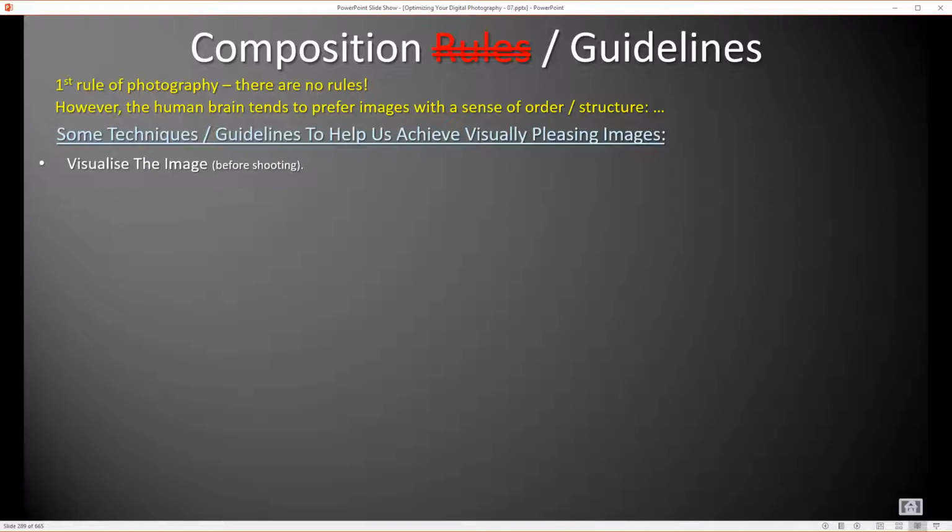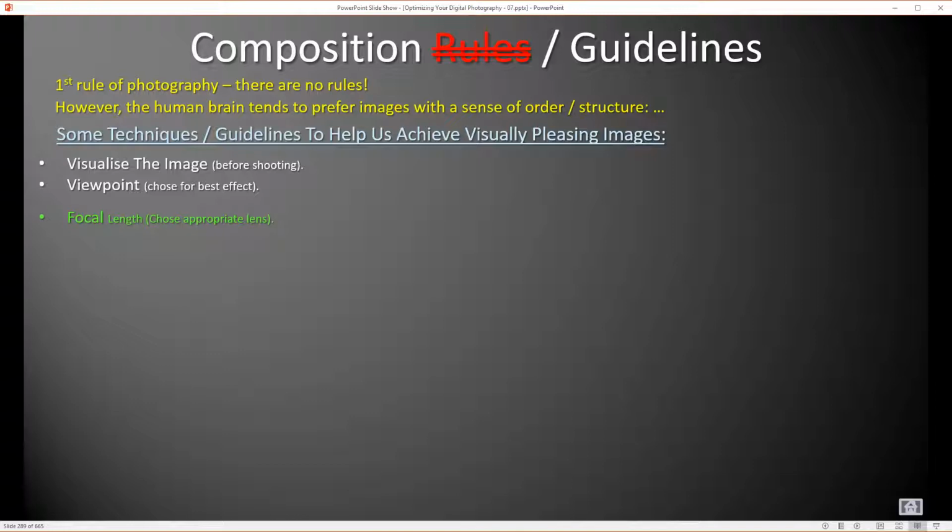Any good photographer should try and imagine in the mind's eye the image that they're trying to capture before shooting. And then you need to position yourself, move your tripod, into a position that emphasizes the aspects of the image that you wish to capture. You need to change the focal length.